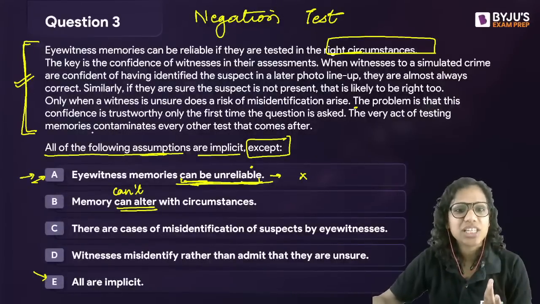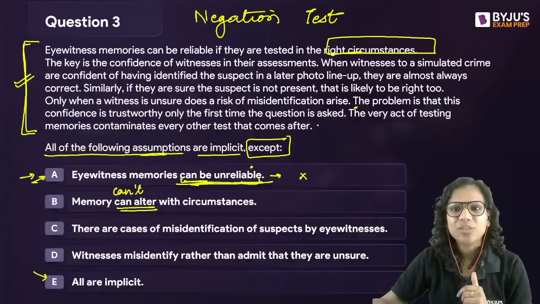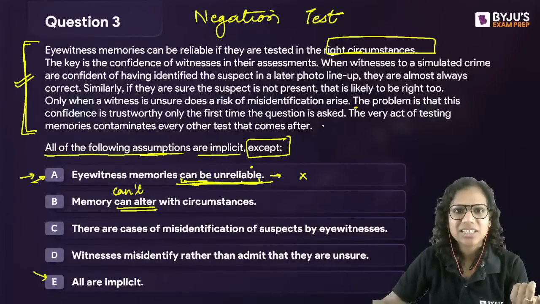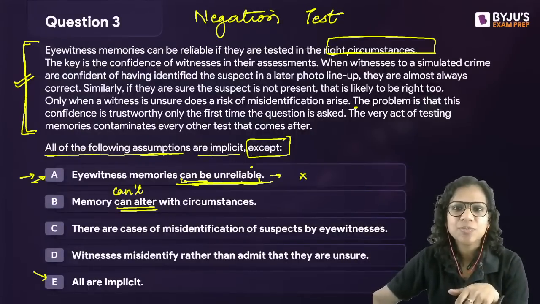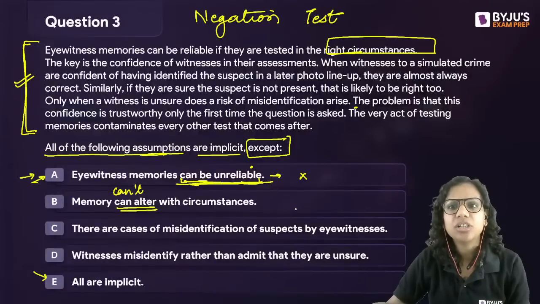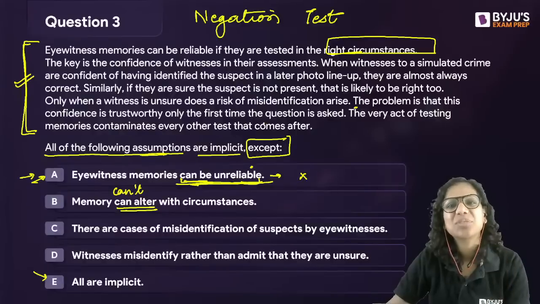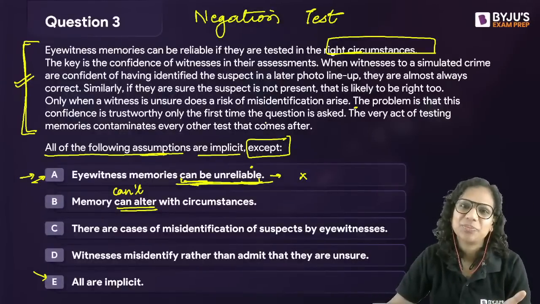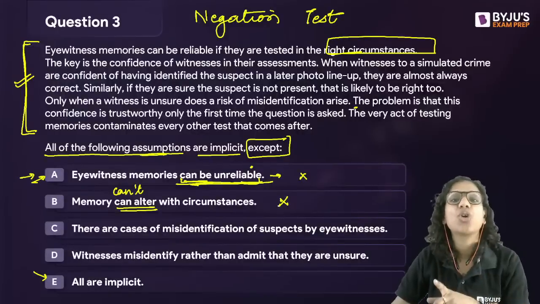The very act of testing memories contaminates every other test that comes after. That means memories can change with circumstances. That is why I'm saying they can be reliable if they are tested in the right circumstances. So if memories can't alter with circumstances, I would not be having this discussion about under what circumstances they are reliable and under what they're not. So this is also an implicit assumption, and that's why it's not our answer.